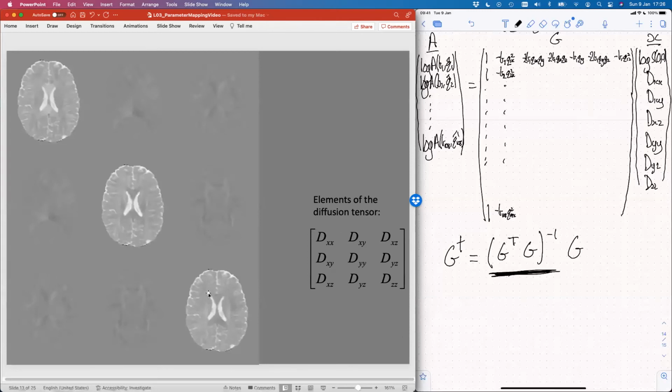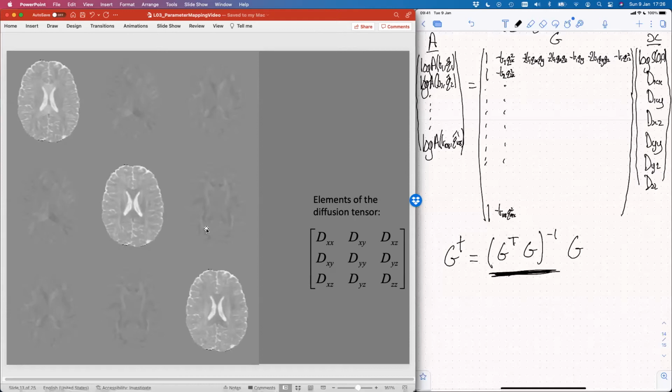So here I've then mapped out all elements of the diffusion tensor in the same structure as the matrix itself. So this is the map of DXX, this is the map of DXY, and so on. We've seen this already, but these are the diffusivities in the X, Y, and Z directions, and these off-diagonal elements don't really tell us anything that directly.